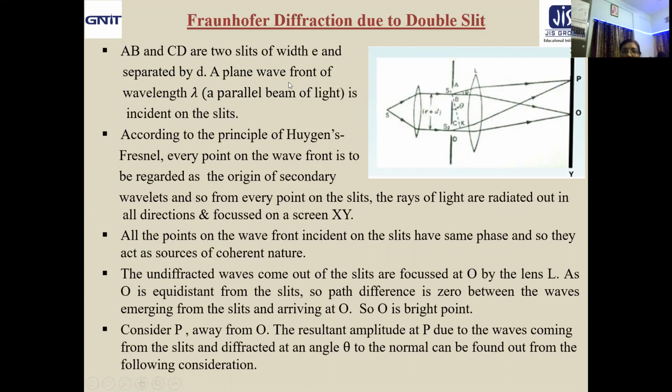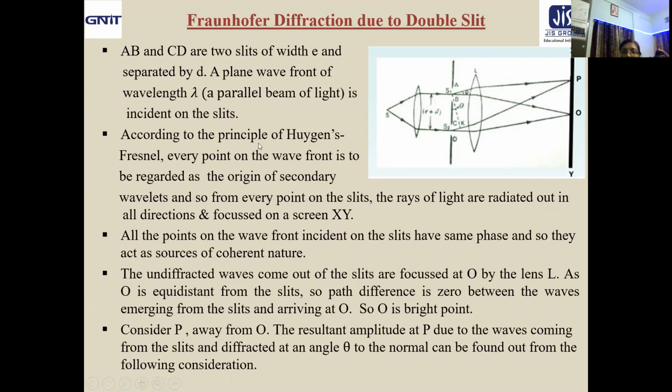Now, a plane wavefront of wavelength lambda, that is a parallel beam of light, is incident on the slits. How to produce that? You know that the source will be kept at the focal plane of a lens. Naturally, the rays of light will come out parallel, and the corresponding wavefront will be the plane wavefront.